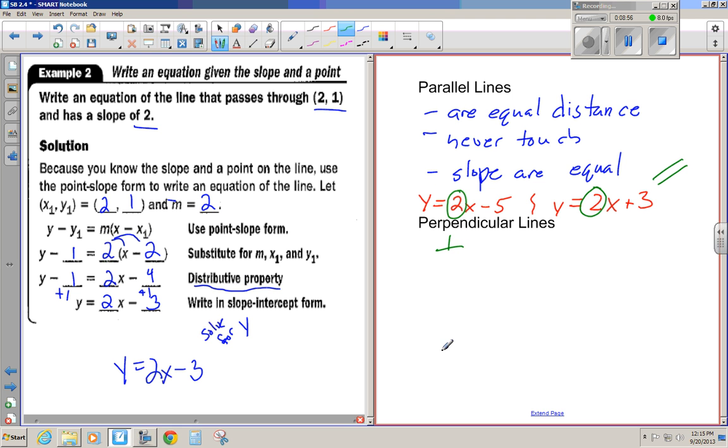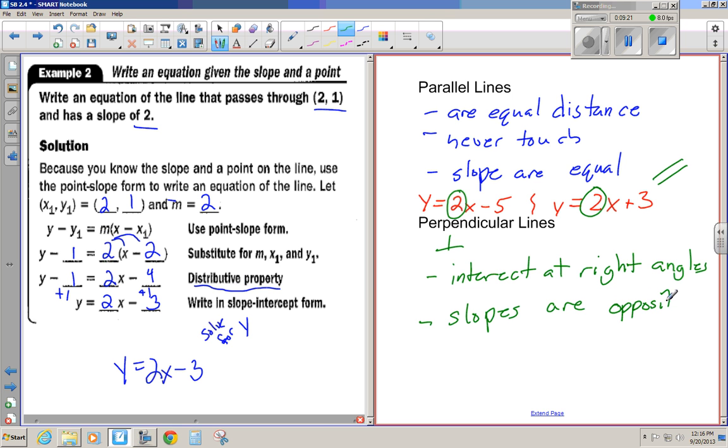Perpendicular lines, they intersect at right angles. They touch in one spot, and their slopes are opposite reciprocals.